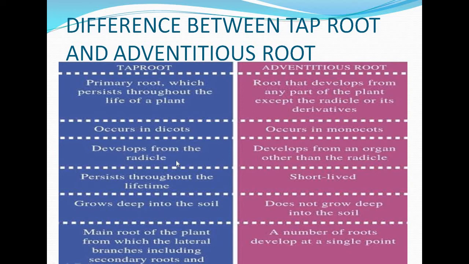They develop from the radicle; they develop from an organ other than the radicle. Taproots are lifetime, but adventitious roots are short-lived. They grow deeper in the soil. They do not grow so deep in the soil. The main root of the plant from which the lateral branches, including secondary roots and tertiary roots, develop. Here a number of roots develop at a single point.